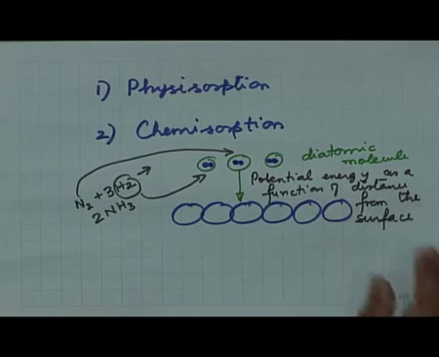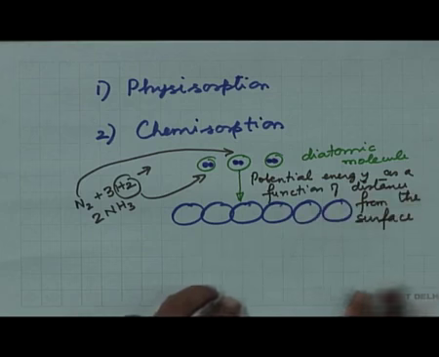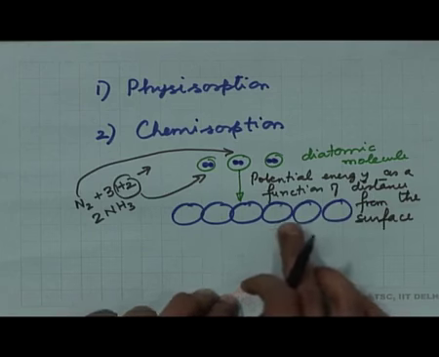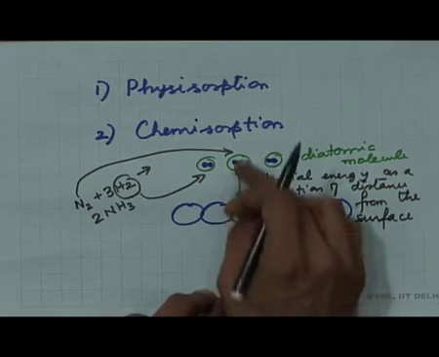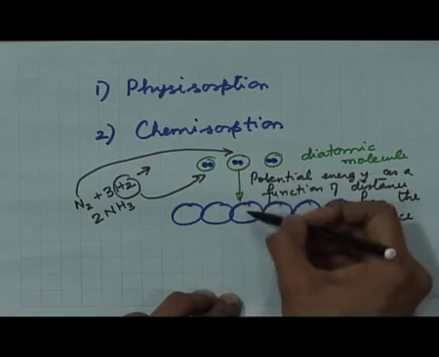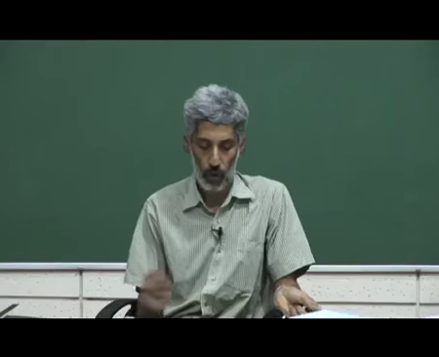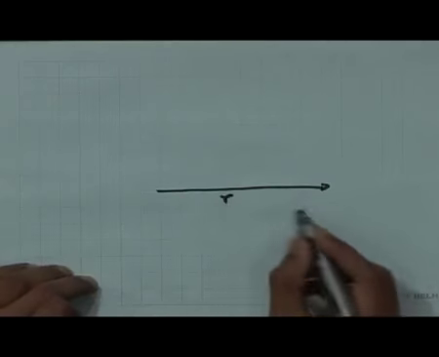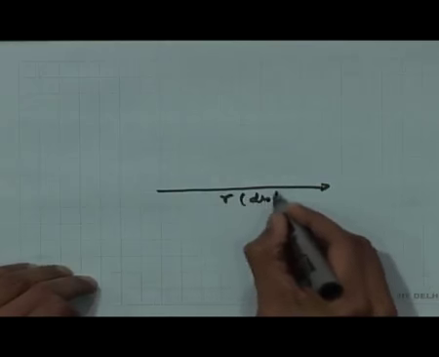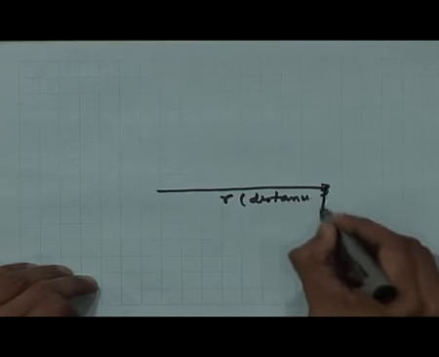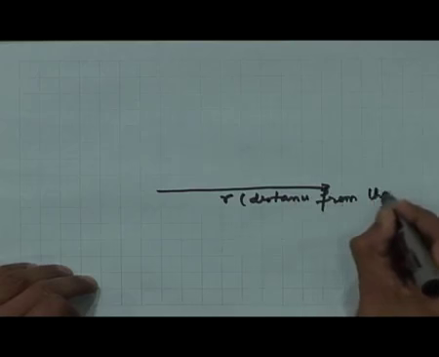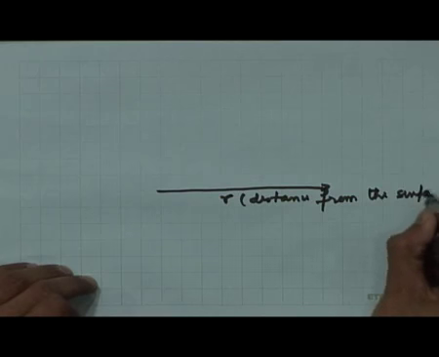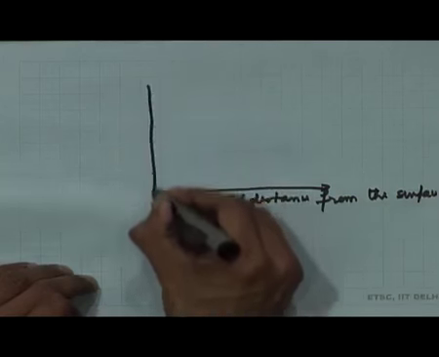So, this is the lead in to what we are going to discuss next. So, I am now going to plot the potential energy as this diatomic molecule approaches the surface. On the x axis I have the distance r, call it, the distance from the surface, and here I have the potential energy.